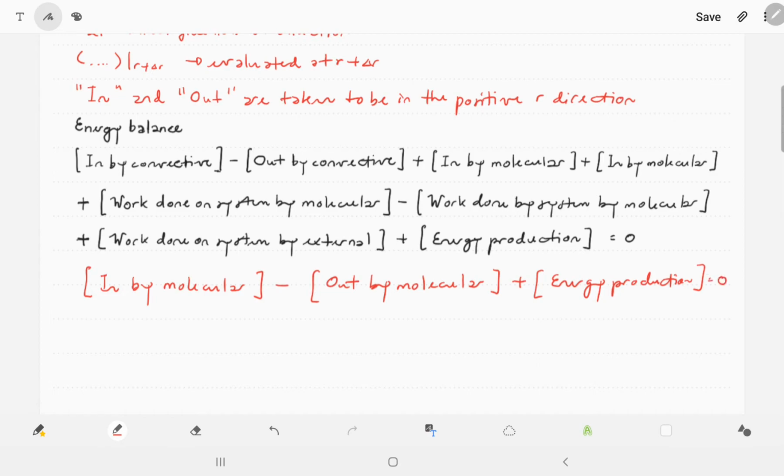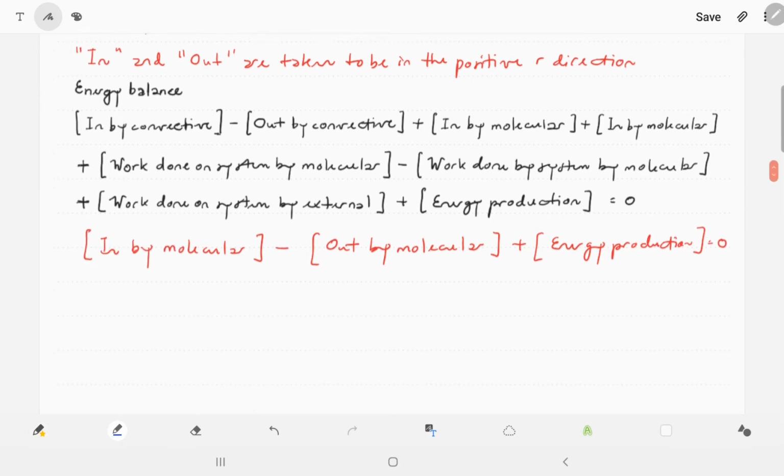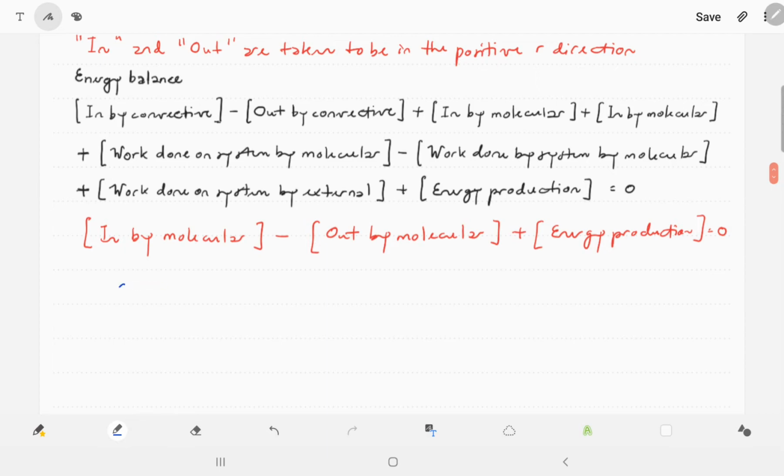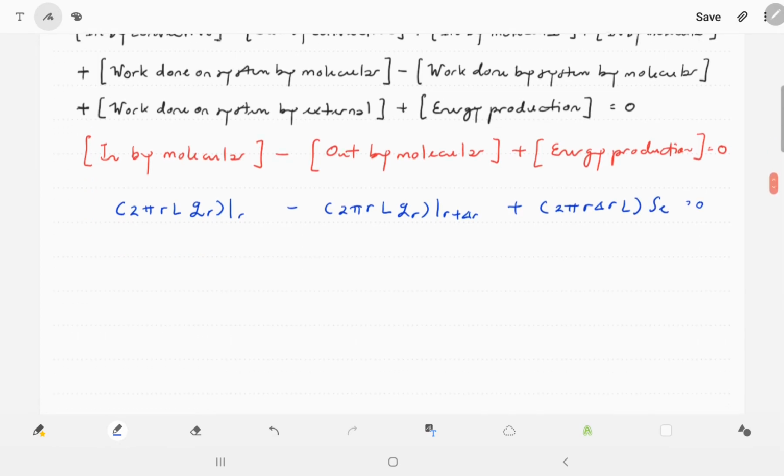Then this will be equal to 0. So we can substitute the quantities on top. So this one is 2πRLq_r at r, minus 2πRLq_r at r plus Δr, plus 2πrΔrL S_e equals 0, and then we can divide by 2πLΔr.